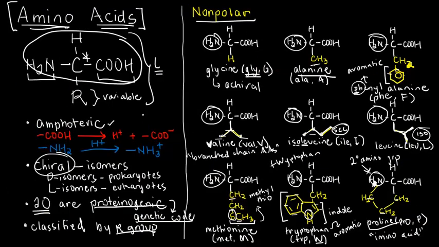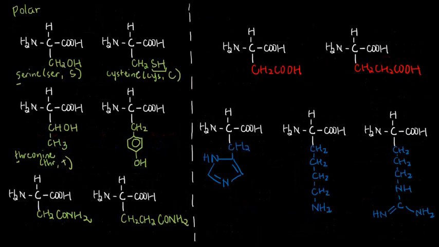So actually, if you go back, it's almost the same as phenylalanine. This is the R group of phenylalanine, but this one has an extra OH. So of course, it's not exactly the same. The name of this amino acid, which is a very different name from phenylalanine, by the way, is tyrosine. This is called tyrosine.